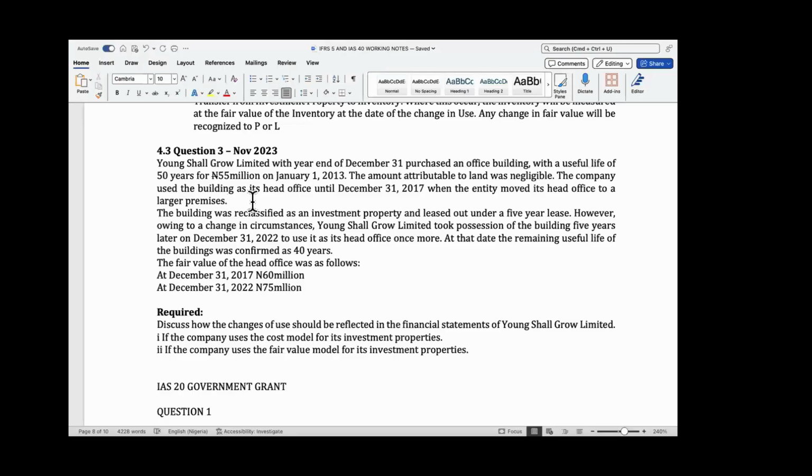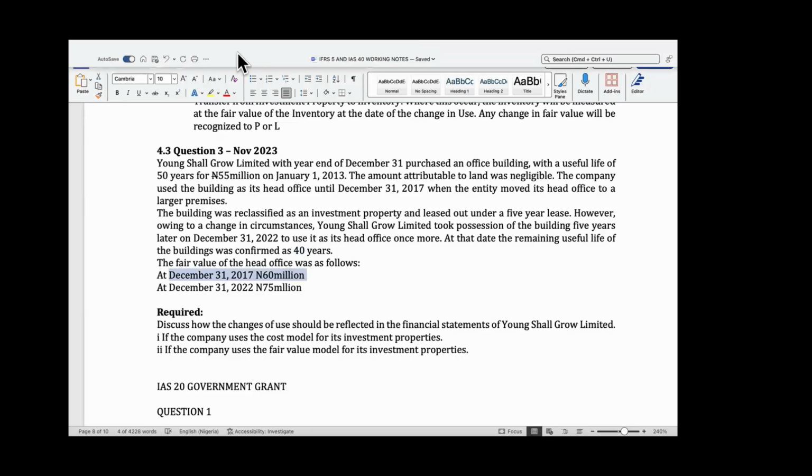However, owing to a change in circumstances, Young Shago Limited took possession of the building 5 years later, on December 31st, 2022, to use it as its head office once more. At that date, the remaining useful life of the building was confirmed as 40 years. The fair value of the head office was as follows. At December 31st, 2017, it was 60 million. At December 31st, 2022, it was 75 million.